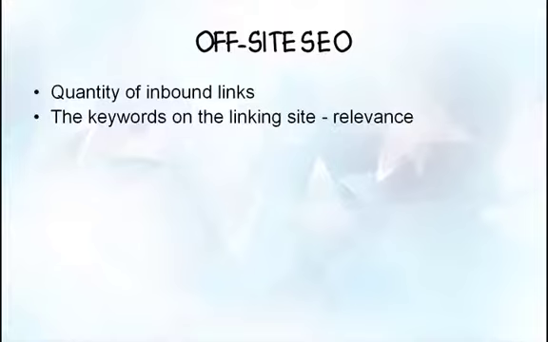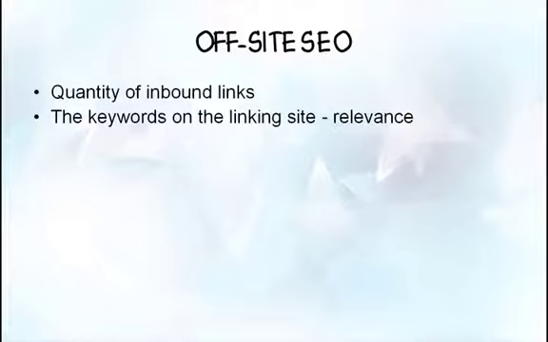The reason why is if you've got a site on health and beauty, but you're getting a link from a builder's merchant site, it's totally irrelevant, and Google just sees it as some sort of advertising and a kind of spammy thing. So it actually doesn't rank that at all. It'll totally ignore irrelevant keyword links.